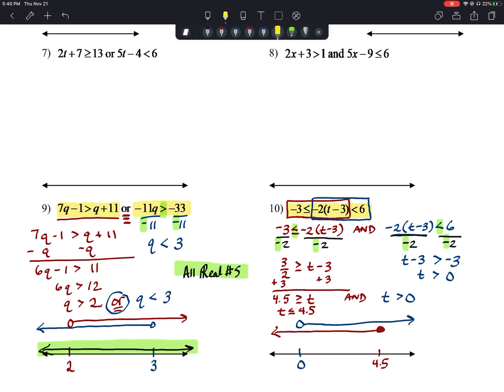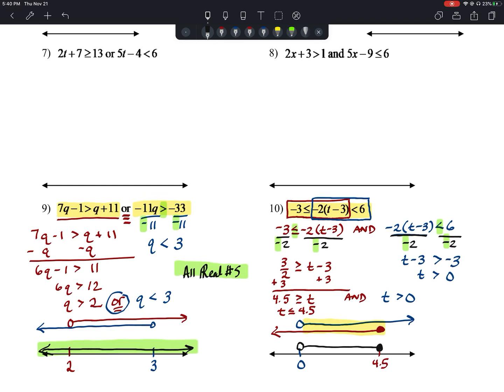Now when we look for that intersection between the two, we're going to see all the values that make both inequalities true. That's everything greater than 0 up to and including 4.5. So let's go ahead and put an open circle here, a closed circle at 4.5, and then we will connect those just like that.